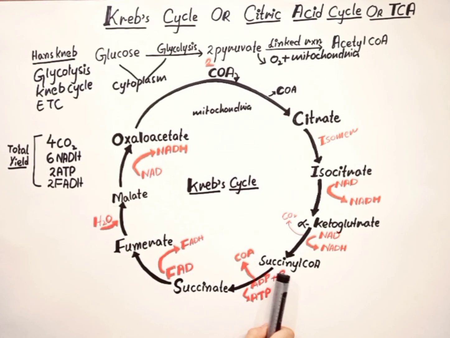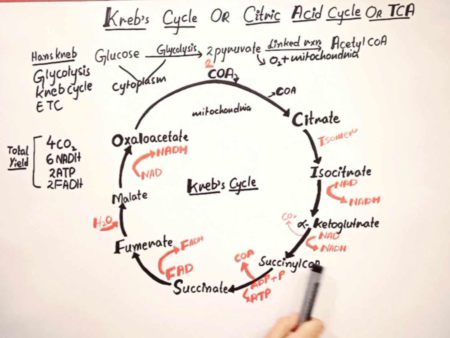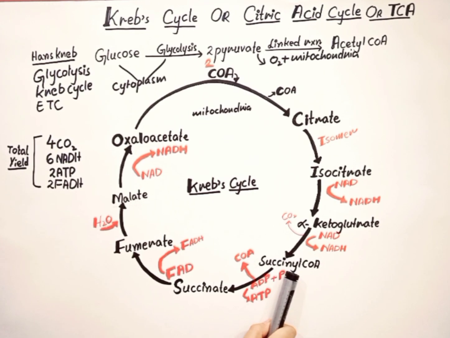In a further reaction, the coenzyme A will detach from the succinyl group, and the succinyl coenzyme A will convert into succinate. You can see here the coenzyme A is removed from this group and a new molecule forms, called succinate.